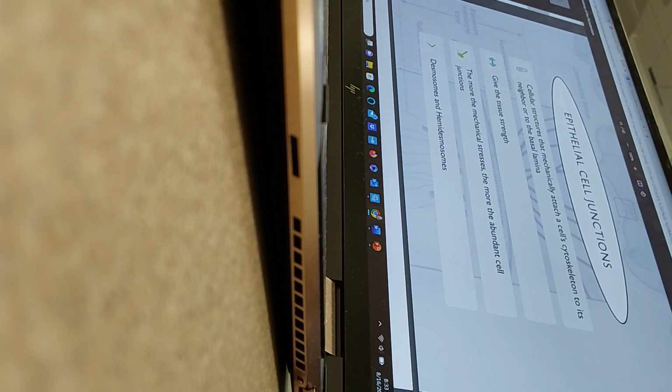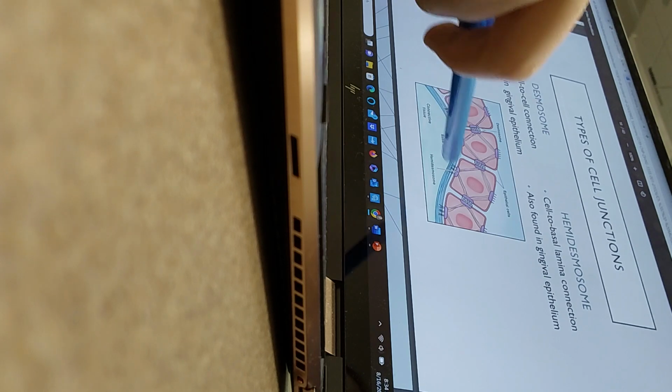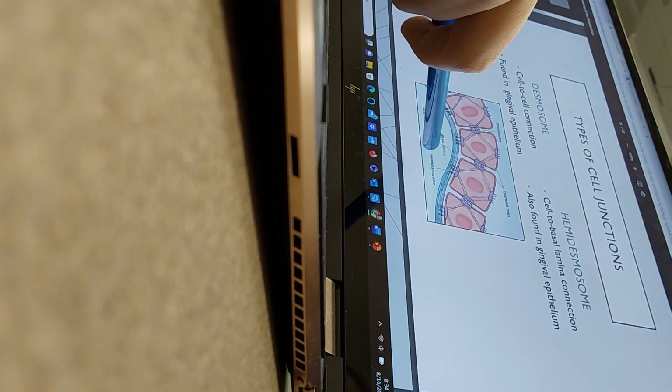So these junctions are called desmosomes and hemidesmosomes, and they look like this. So you can see a desmosome connects epithelial cell to epithelial cell. There's one on each epithelial cell and it comes together and forms one whole desmosome to connect epithelial cells. A hemidesmosome connects an epithelial cell to something else.